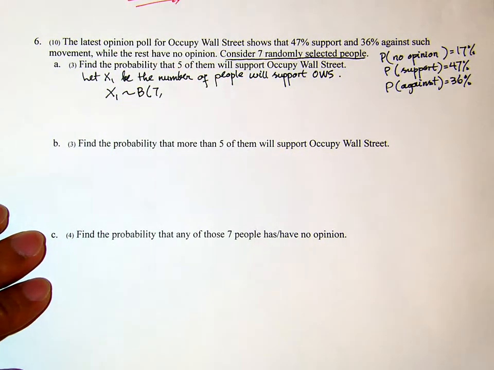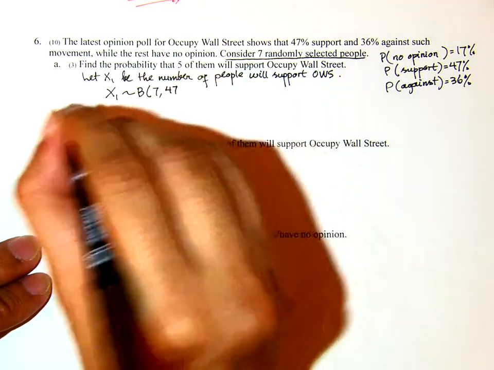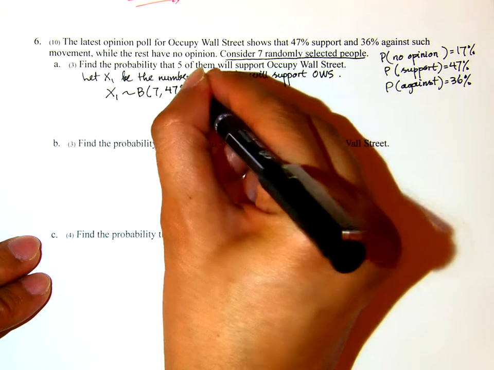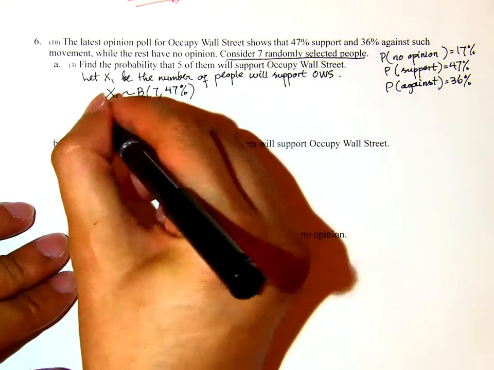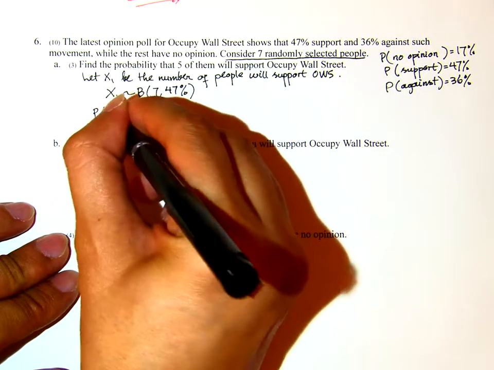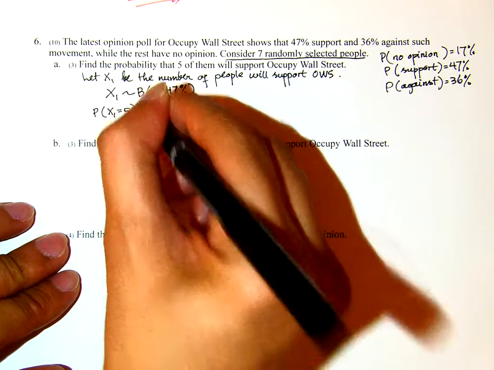Now we will see that this x1 is binomially distributed with the number of trials 7, and the probability of support for each person is 47%. Now the question is to find the probability that, out of those 7, 5 of them support.